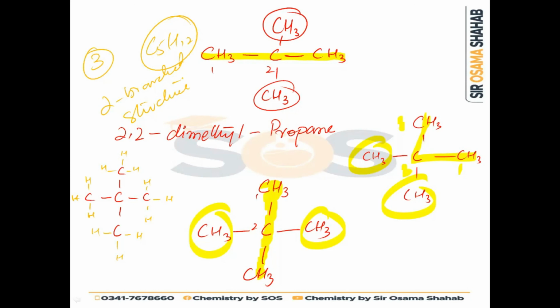But there is a difference in structure, and physical properties depend on structure. So when we have 2 different isomers of butane, they have different physical properties. Definitely the boiling point and melting point are different from each other, but the chemical properties will be the same. You need to remember this.